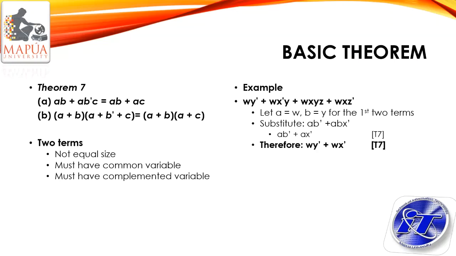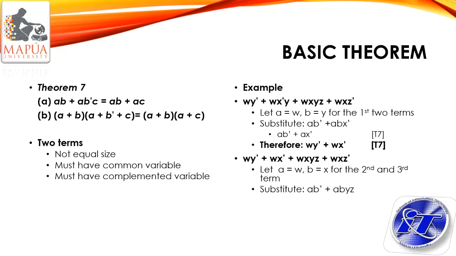Then we have Wy naught plus Wx naught for the first two terms. Now, second and third. Let A is W, B is equal to X. Substitute for the second and third term. So we have AB naught plus AB YZ. Again, is it the same as form A? Yes.